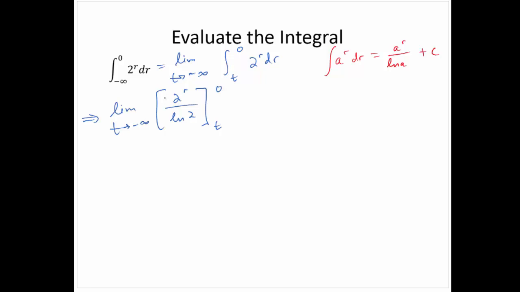Now that 1 over natural log of 2 is a constant, and so I can bring that outside the evaluation and again outside the limit. And so this becomes 1 over the natural log of 2 times the limit with t approaching negative infinity of 2 to the 0 minus 2 to the t.